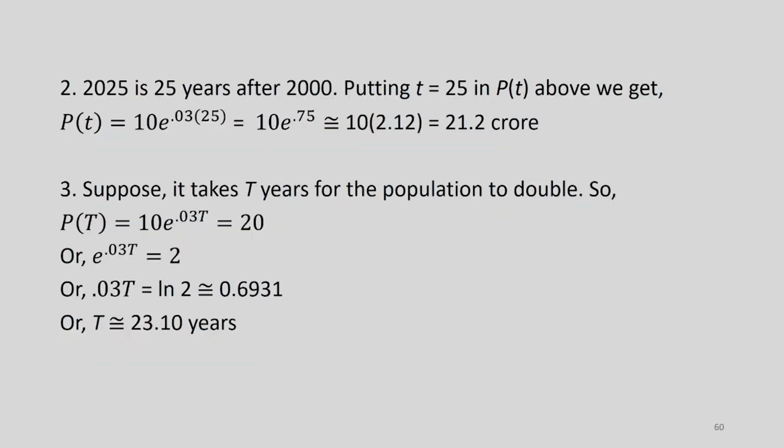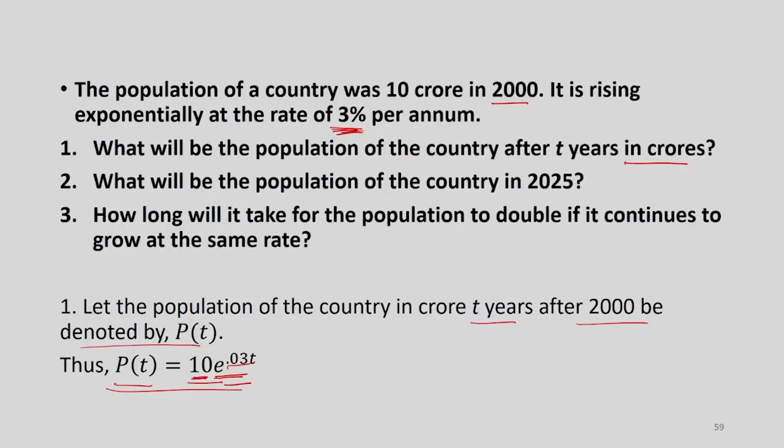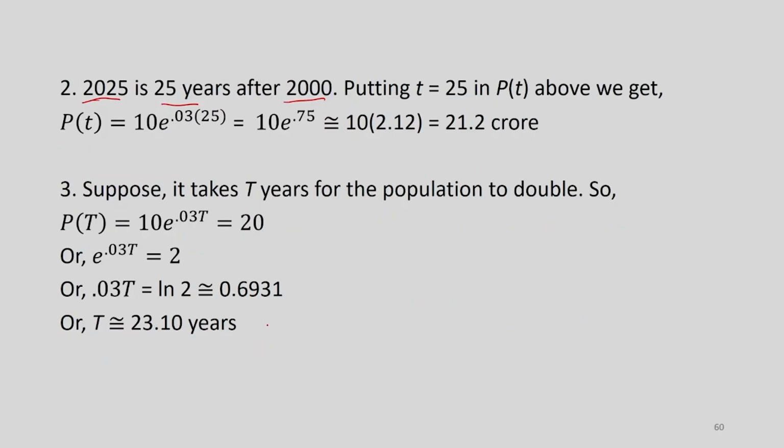The second part was, what will be the population in the year 2025? Now 2025 is 25 years after 2000, right? So in this case the T that we are considering here is 2025 minus 2000, that is T is equal to 25. So I put that T in the previous formula.